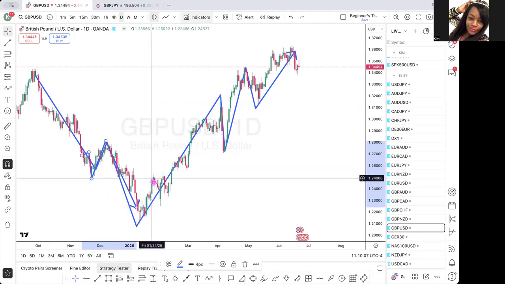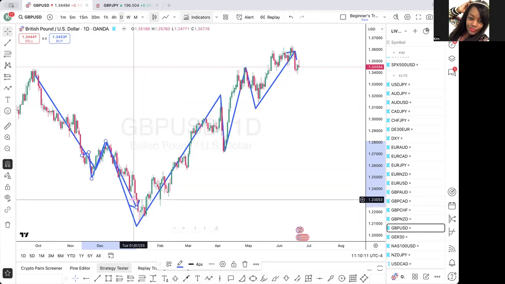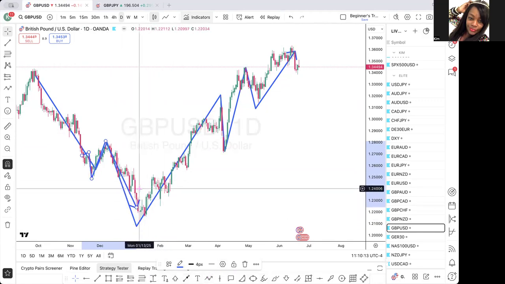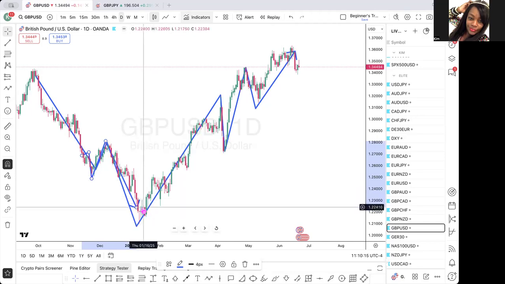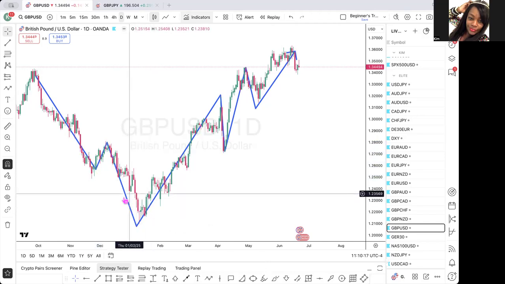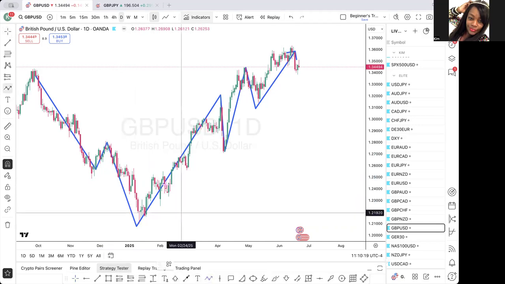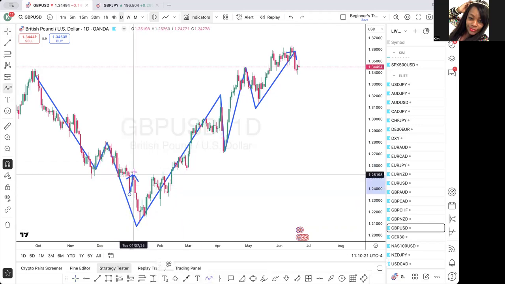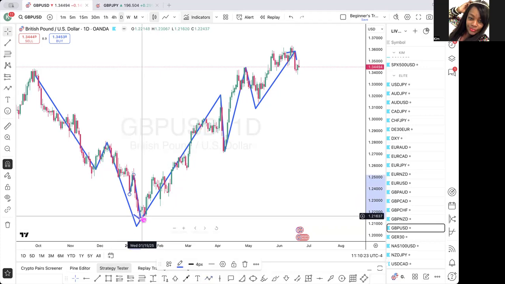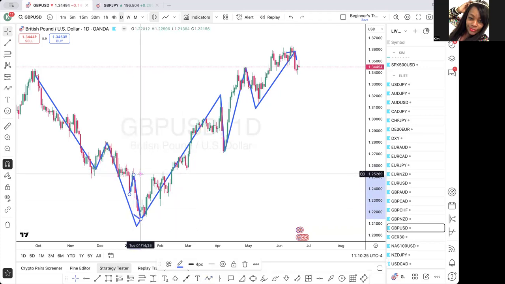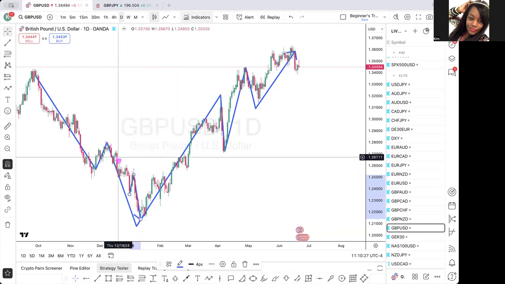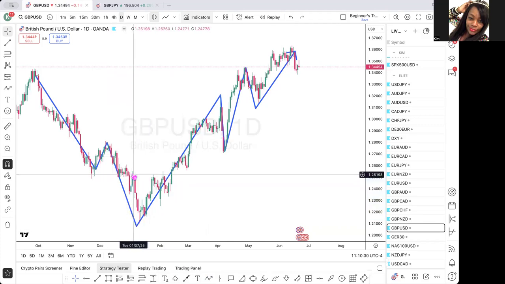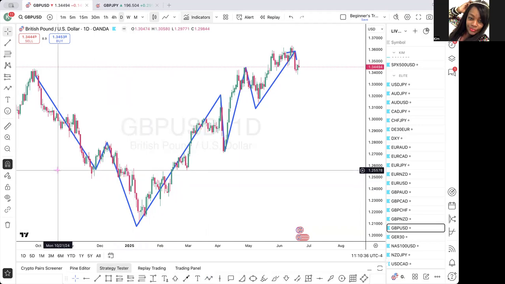This pullback here, it broke some structure, it broke some highs, but the internal structure is here. The last internal swing is right here. So until it breaks your highs, I just confused my own self when I said that. Okay, so I know y'all are confused.